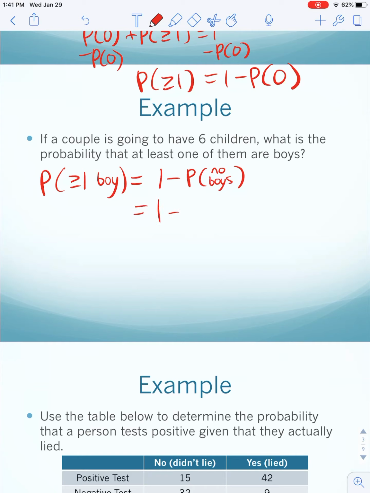It still involves multiple events. So we're going to have 1 minus, well, what's the probability that the first child is not a boy? That just means they're a girl, so 1 out of 2. The second child not being a boy, that's also 1 out of 2, because the first child didn't affect the second child. Then the third one not being a boy, that's 1 out of 2 again. And we'd get 6 of these. Instead of doing that, we're just going to write 1/2 to the 6th.